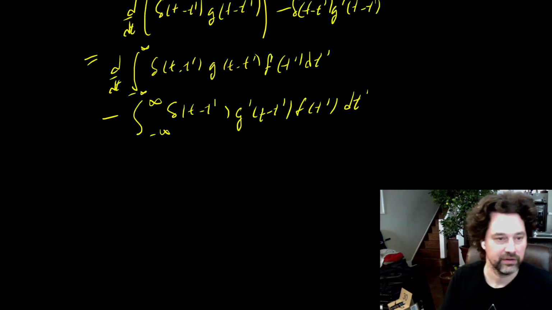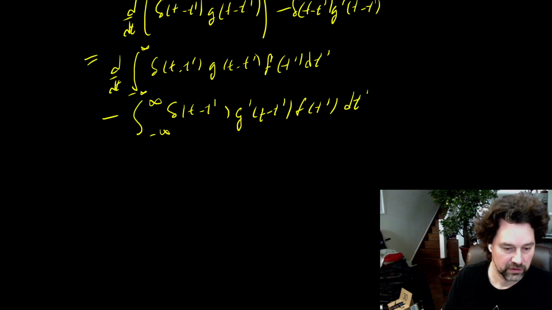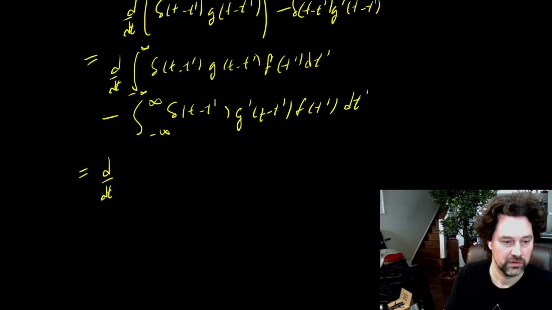We can now go ahead and evaluate this integral. So delta of t minus t prime is going to pick up only the contributions where t minus t prime equals 0. So that's g of 0 times f of t.